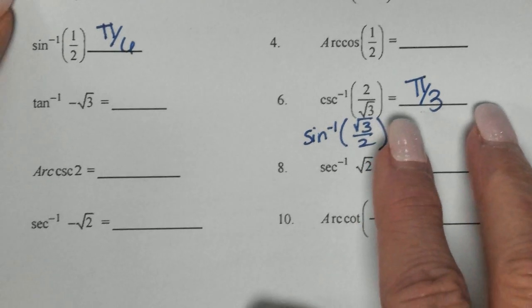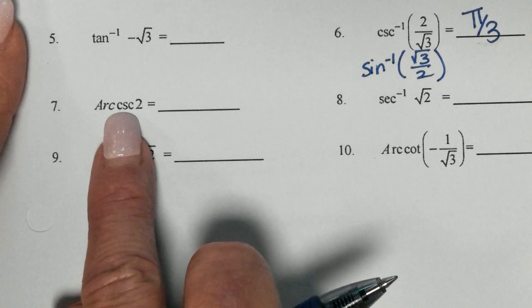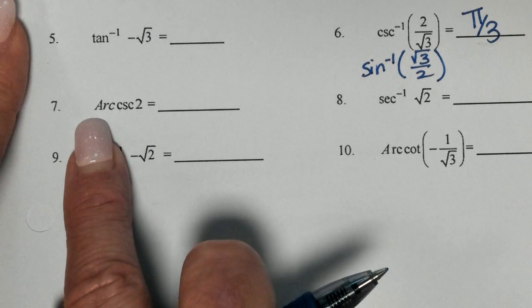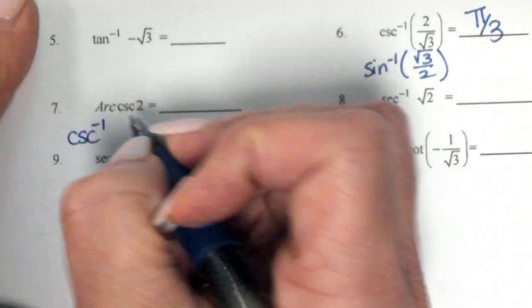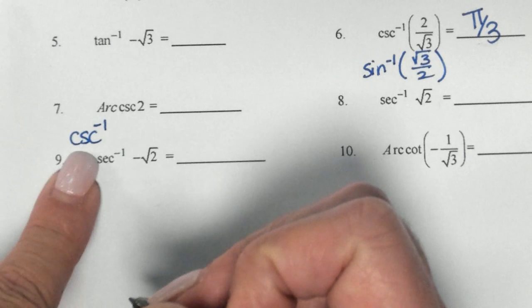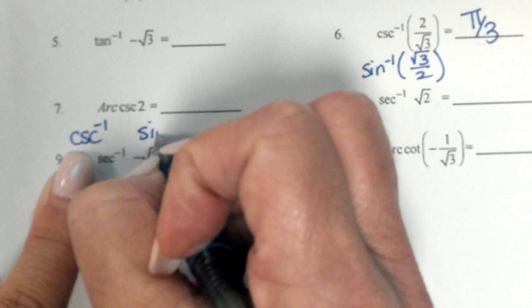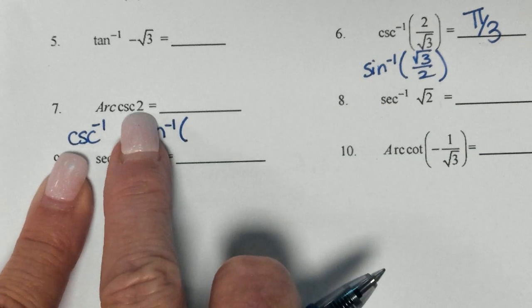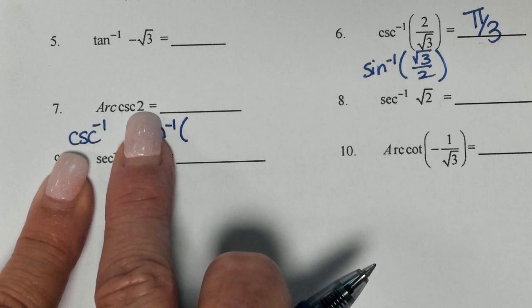All right, take a look at number 7. This one is arc cosecant. Arc, we could write that as inverse cosecant. And I don't do cosecant, I do sine. So inverse sine. Well, what is the reciprocal of 2? 1/2.